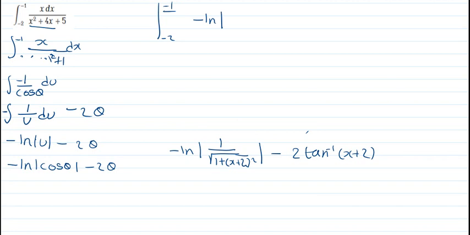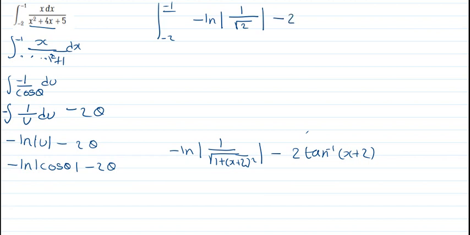So it's going to be the absolute value of 1 over, when you put negative 1 where there is x, it's going to be negative 1 plus 2. So negative 1 plus 2 is giving us a 1. 1 squared is a 1. 1 plus 1 is going to give us a 2. So here we'll remain with the square root of 2. Then minus 2.